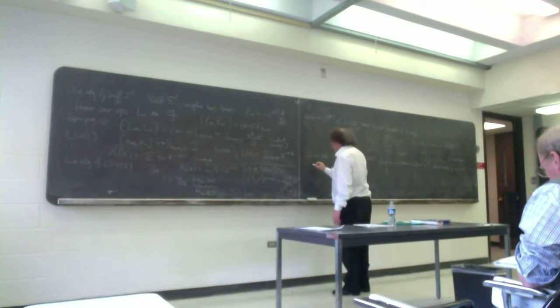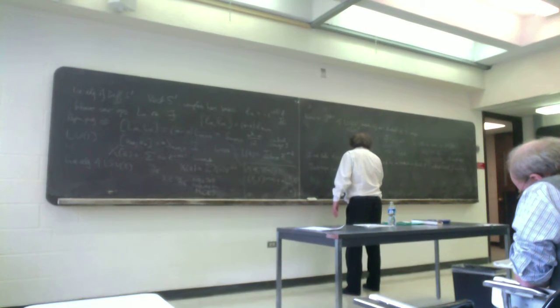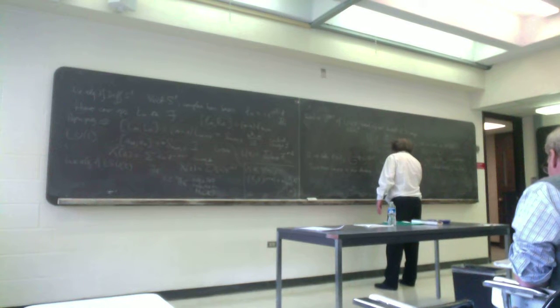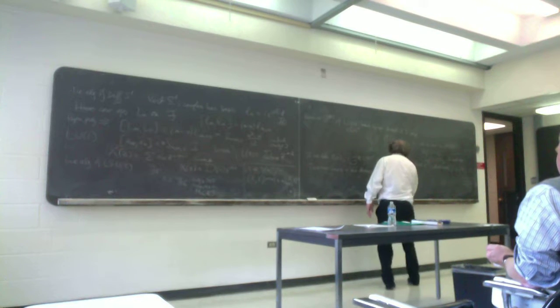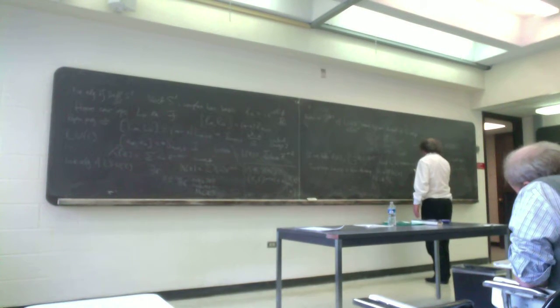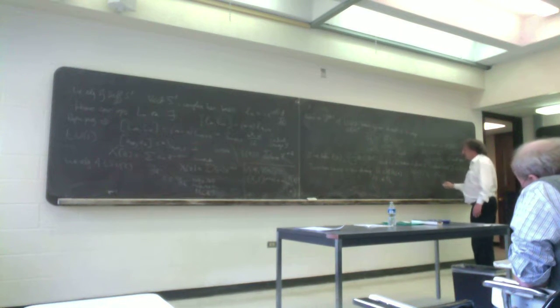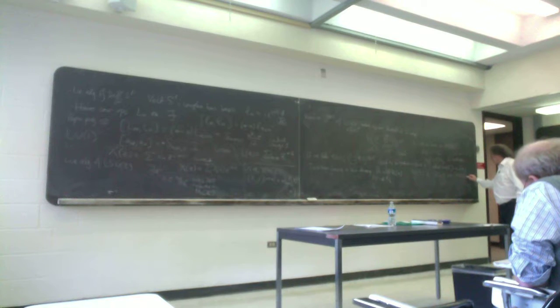So level L, these representations have a similar decomposition to, so H_i, where i now lies between 0 and L over 2, and H_i 0 is just the 2i plus 1 dimensional irreducible representation of SU2, and this is as constant loops.